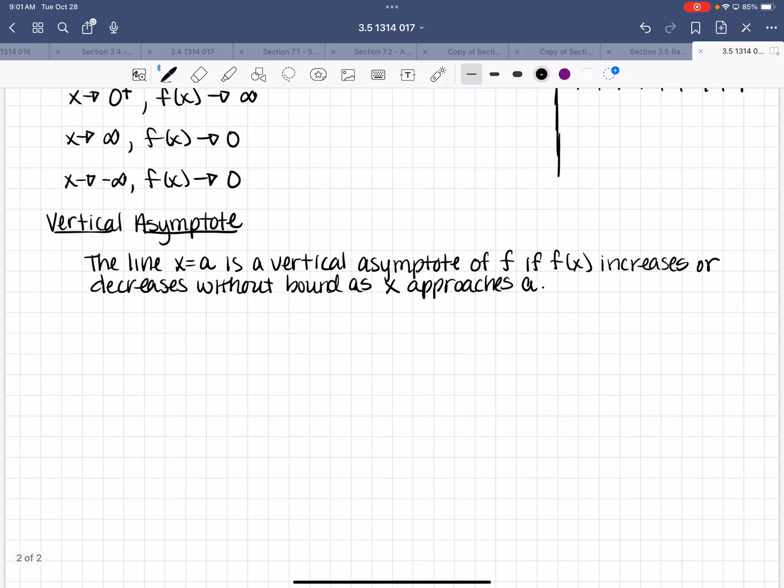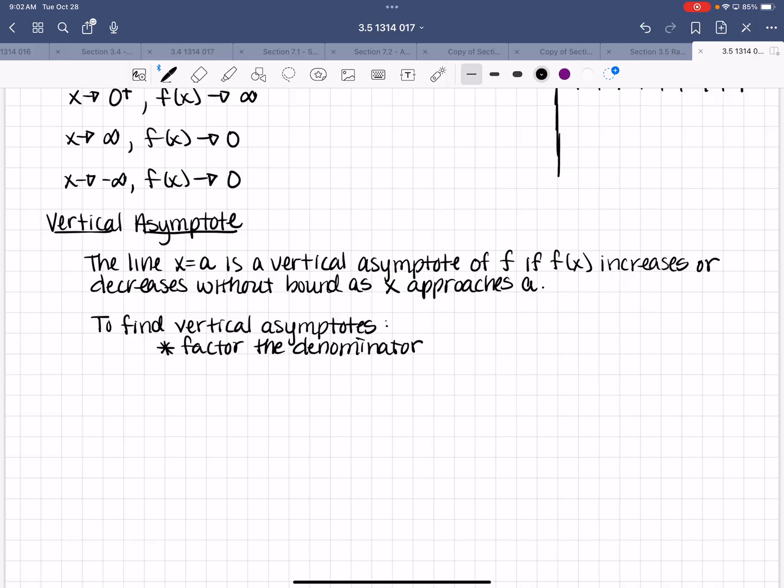Okay, I'm going to tell you how to find the vertical asymptotes. To find vertical asymptotes, first we're going to factor the denominator, and we're going to factor the numerator, if it can be factored.